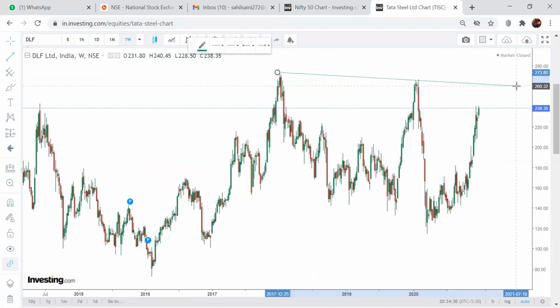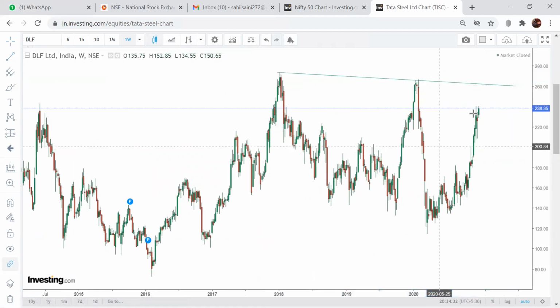After just 20 points, it has a resistance. If this resistance is broken and it is able to sustain at this price level, then surely I am going to enter it, because I can see it's really ready for something big in the upcoming time.